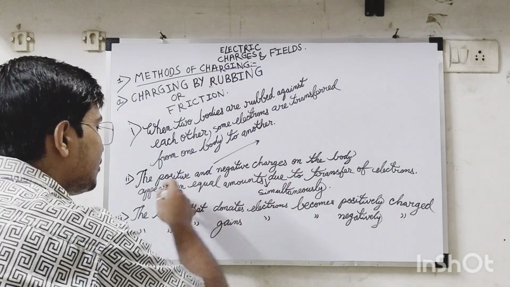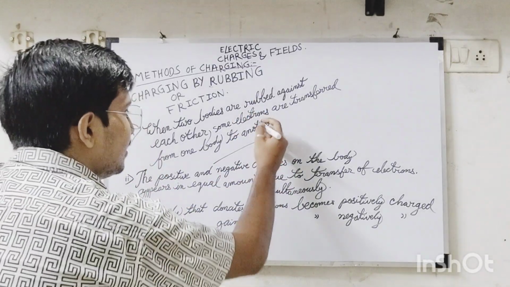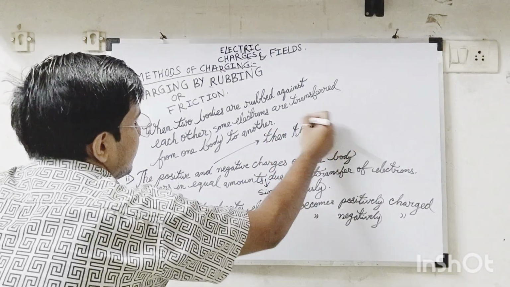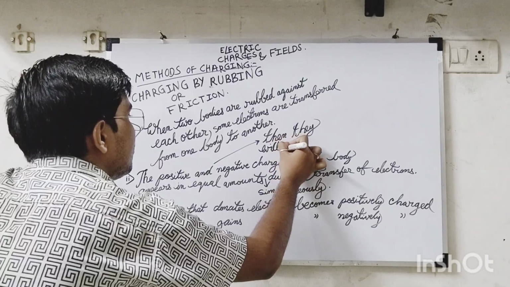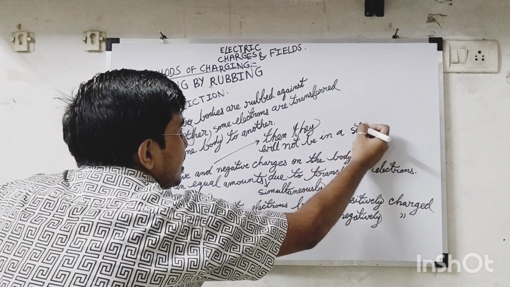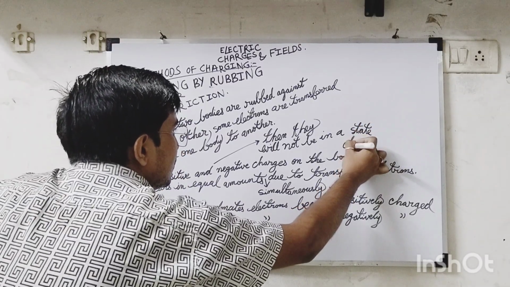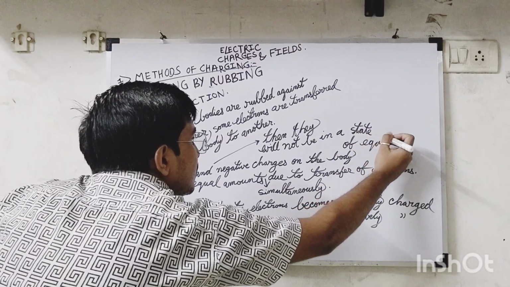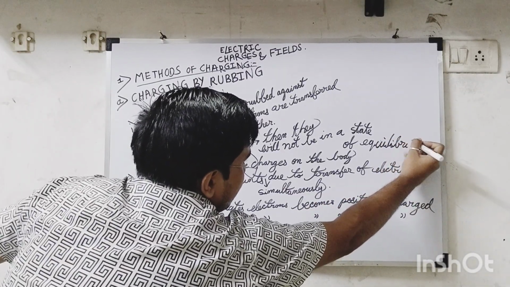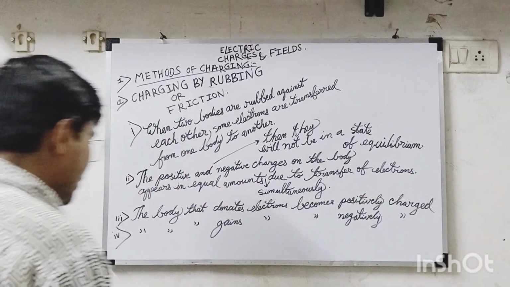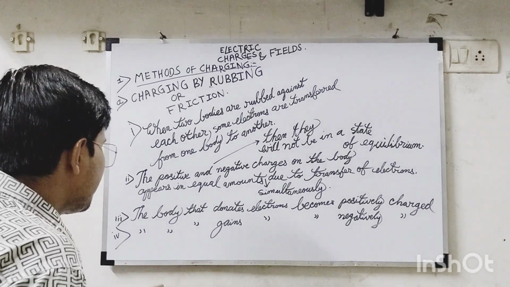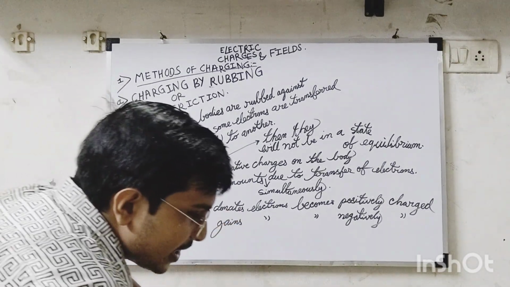If they do not appear in equal amounts, then they will not be in a state of equilibrium. And the last point is: the body that donates electrons becomes positively charged and the body that gains electrons becomes negatively charged.